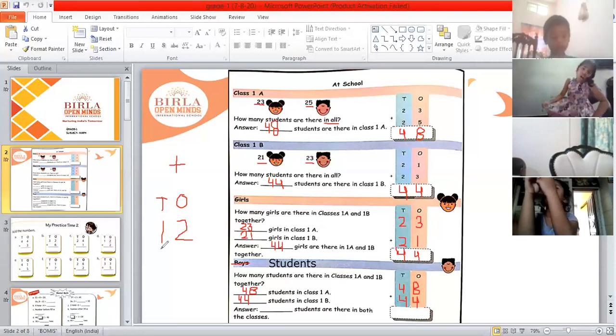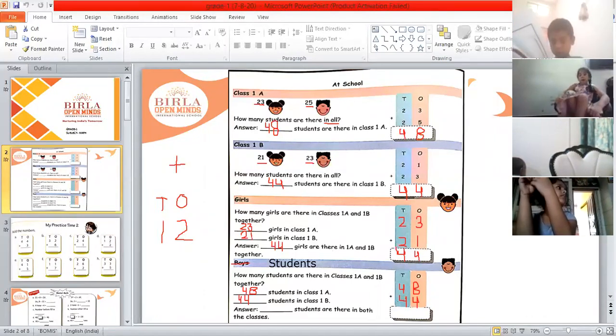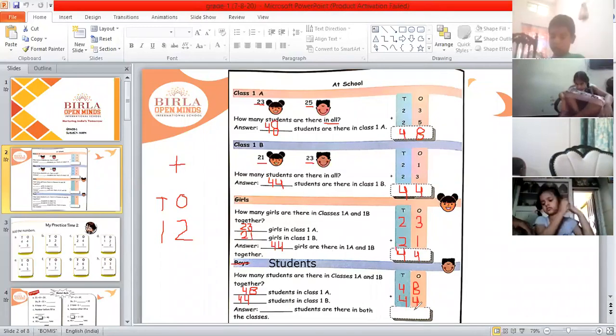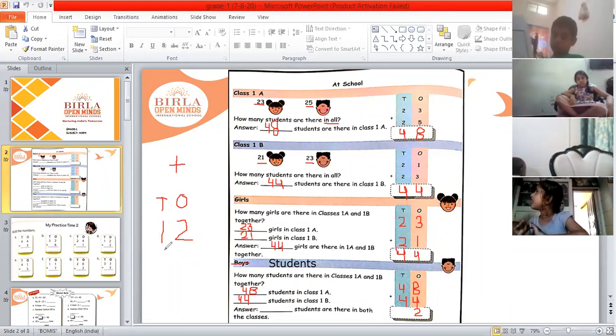So what we will do, we will write this 2 in ones place here. See here children how I'm writing. We will write this 2 in ones place here, and the 1 which is in tens place, we will write it as carry over above this t.